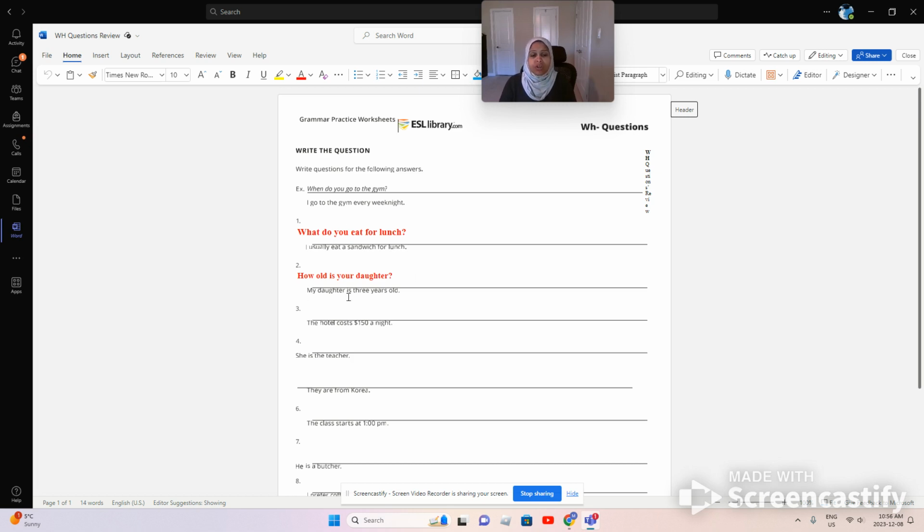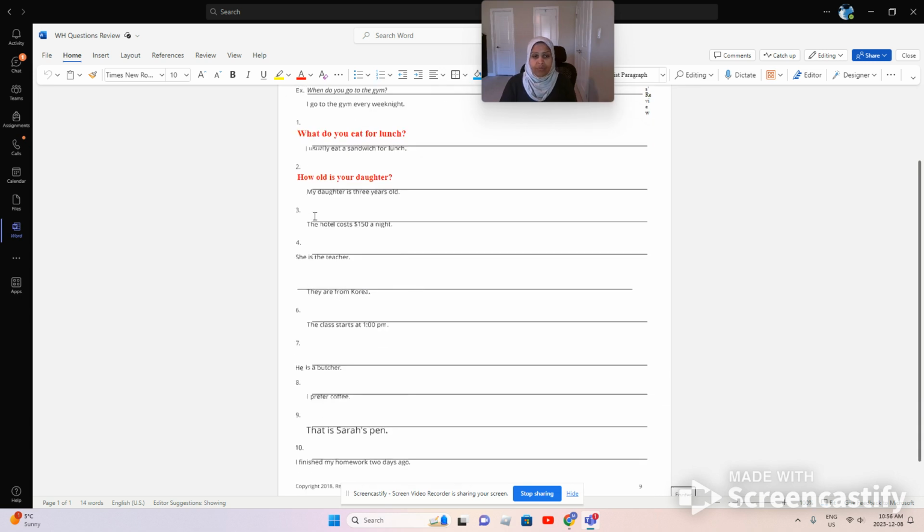The next one, my daughter is 3 years old. Okay, so I'm trying to find out about the age. Usually when we're trying to talk about the age, we say the words how old. So in this case, how old is your daughter? Okay, now the hotel costs $150 a night. I'm now requesting information about money, and money is uncountable. So in that case, go ahead and guess what this one could be. Yes, good job.